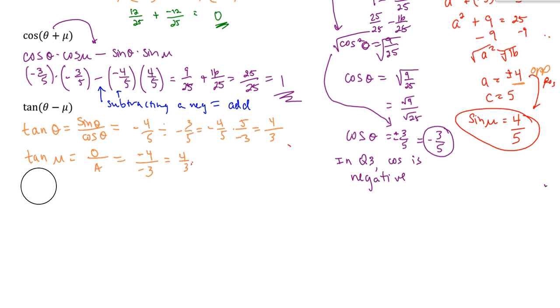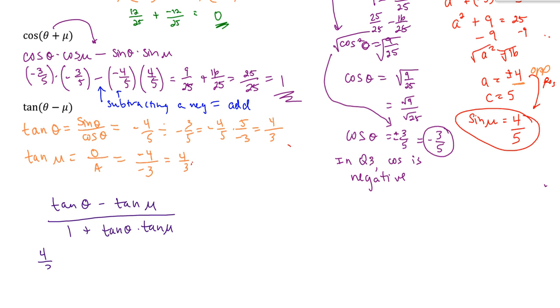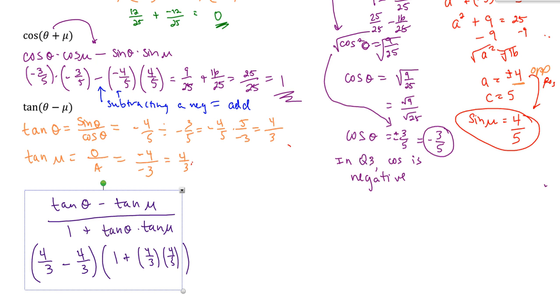So to find the difference, it's going to be the tangent of theta minus the tangent of mu, over 1 plus tangent of theta times the tangent of mu. So tangent of theta, 4/3, minus tangent of mu, which was 4/3, over 1 plus tangent of theta, 4/3, times tangent of mu, 4/3.